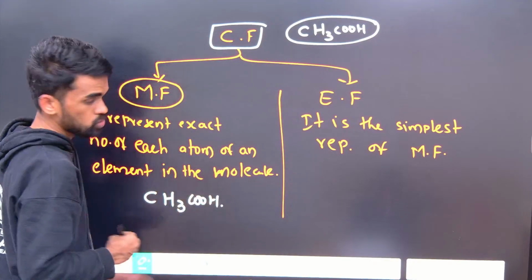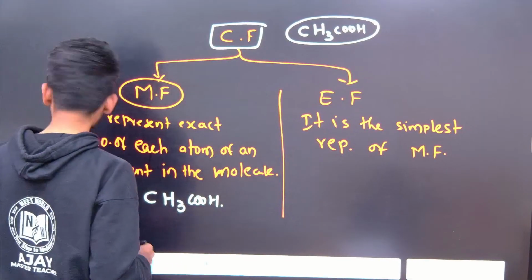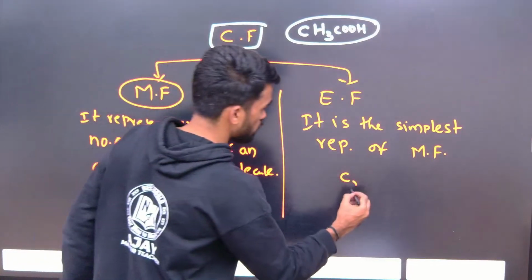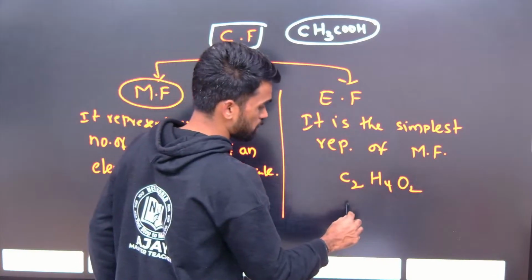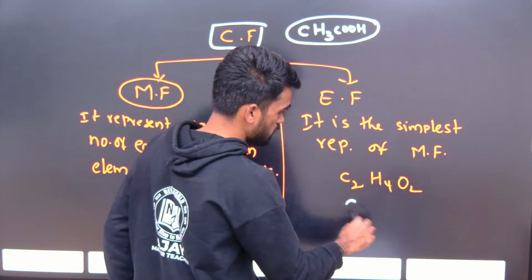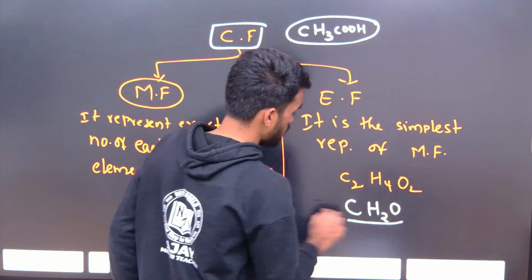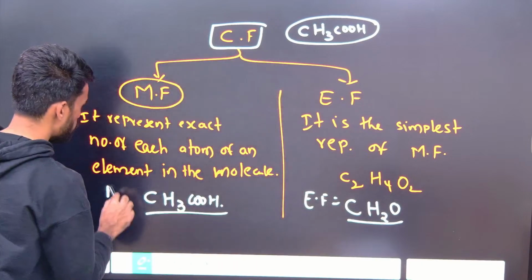Here how many carbons are there? 2. C2H4O2. So what is the simplest whole number ratio here? CH2O. So CH2O is the empirical formula of acetic acid, and C2H4O2 is its molecular formula.